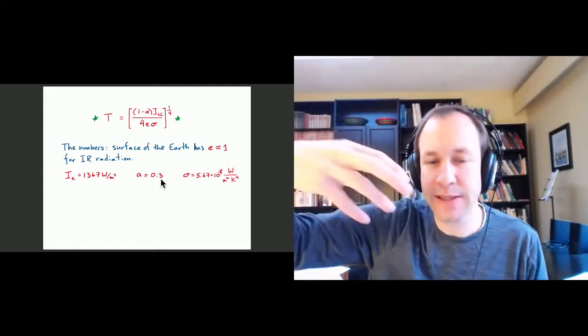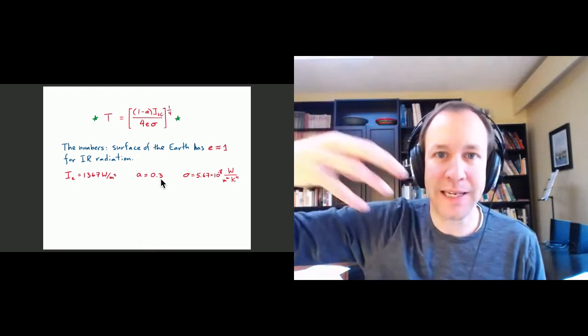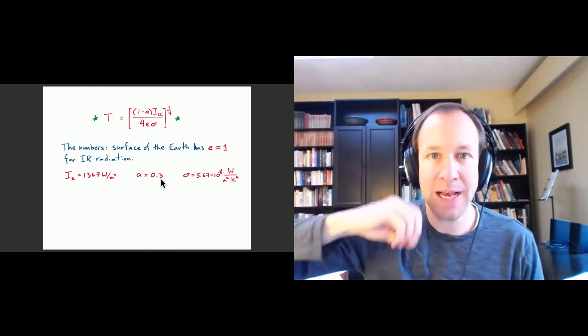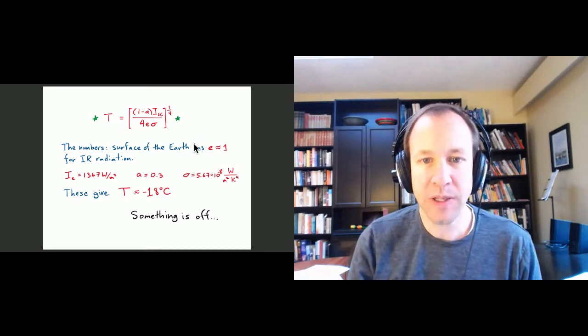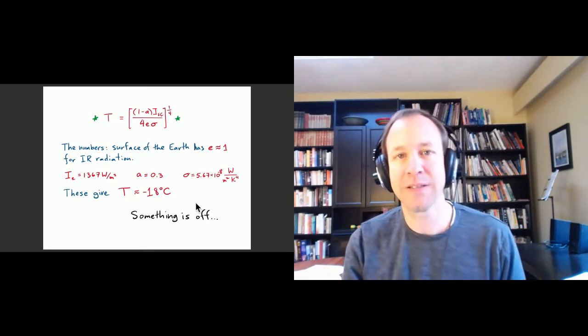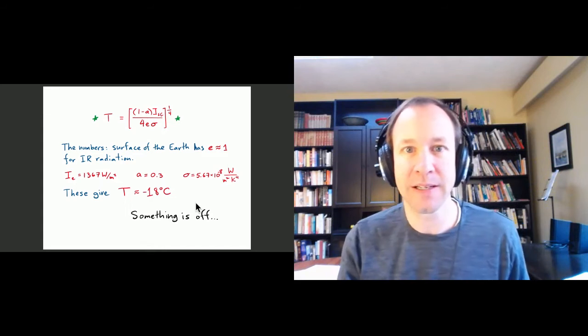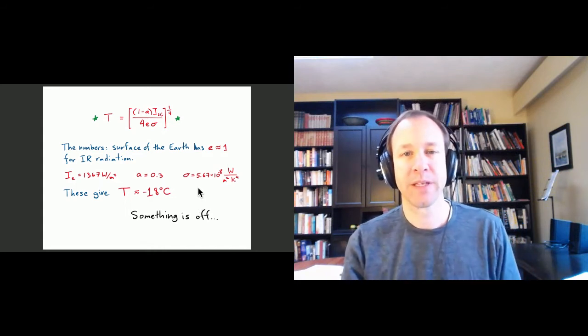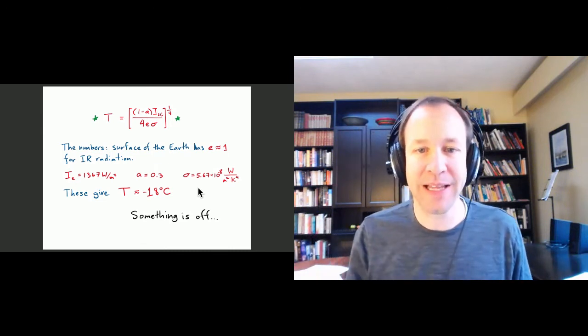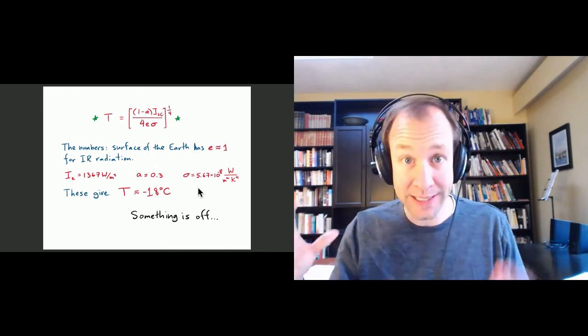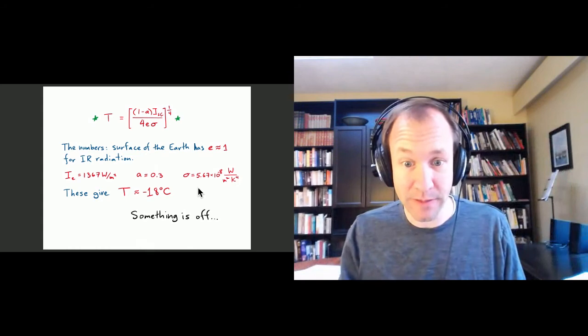That has to do with the amount of optical light coming from the sun that actually reflects off. That's where that comes from. So you plug all of that in with E equals 1 and you get T equals minus 18 degrees Celsius. So it's not way off. In Kelvin temperature, that's not so far off what we expect for the average temperature of the Earth.